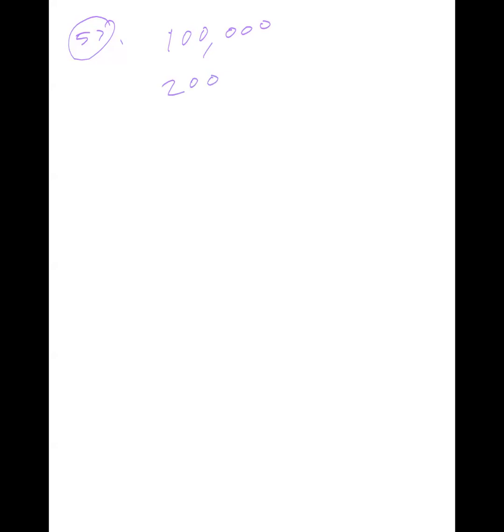Your total costs in business are equal to your fixed cost plus cost per unit times X. So your cost is 100,000 plus 200X.